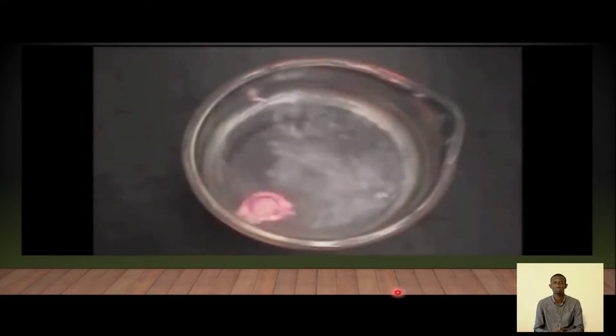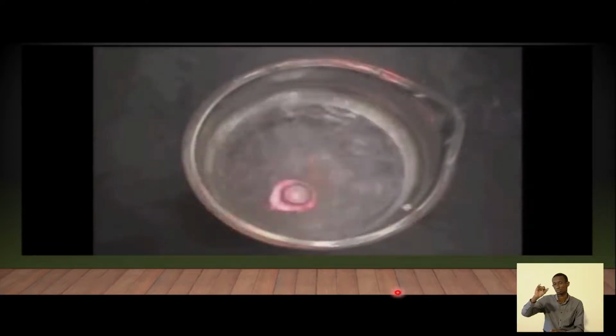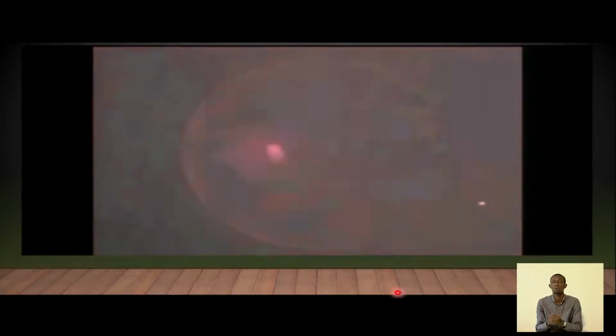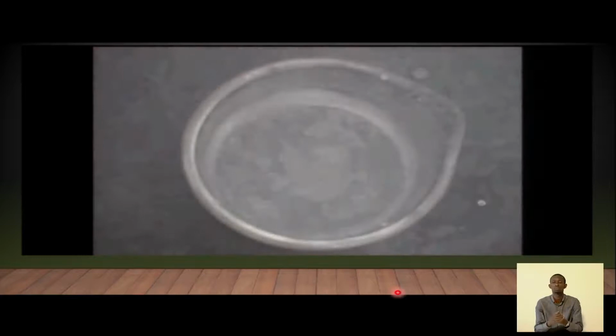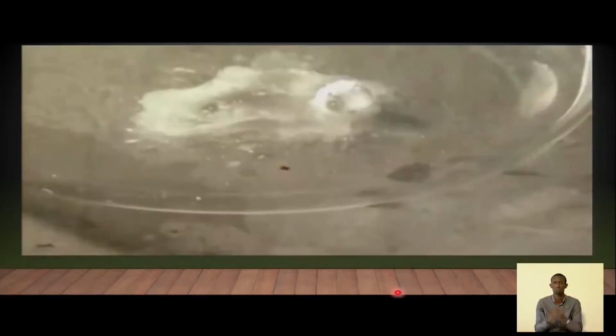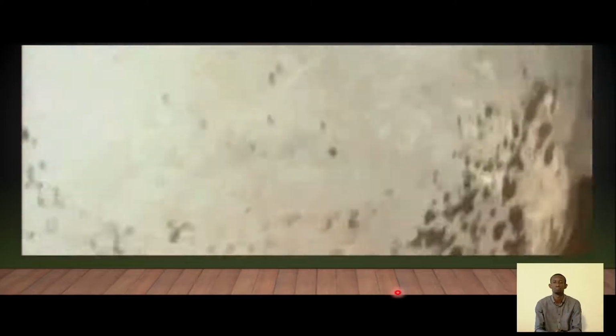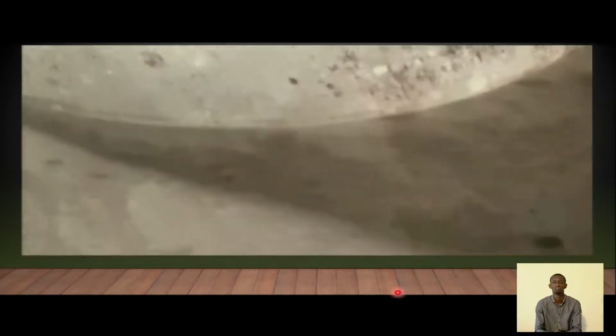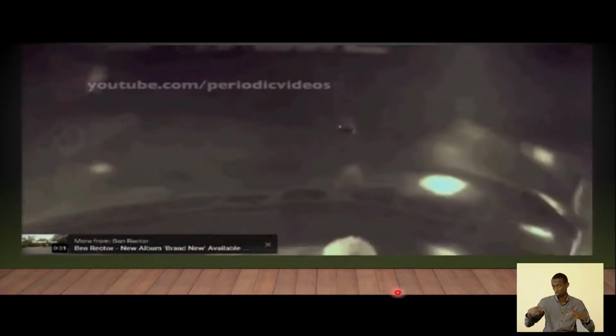And that is sodium burning. As it burns, it produces hydrogen which may catch fire and cause an explosion. So these elements are very reactive.